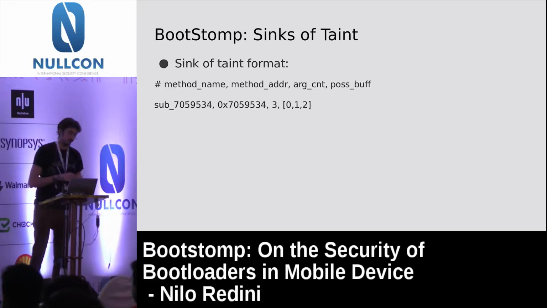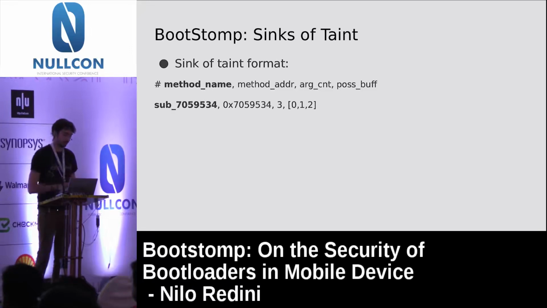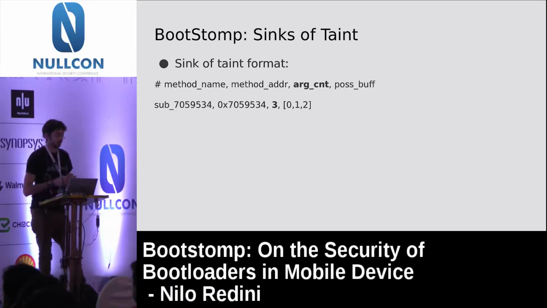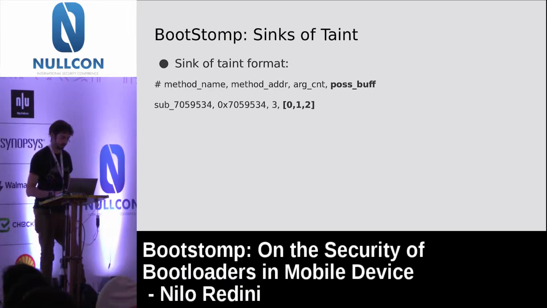Similarly to the seed of taint, the information produced by this step of BootStomp is in this picture, and it is the method name, which is the name of the sink of taint, the address of the sink of taint, the number of arguments that this function takes, and the possible arguments in which the sink of taint can be present.